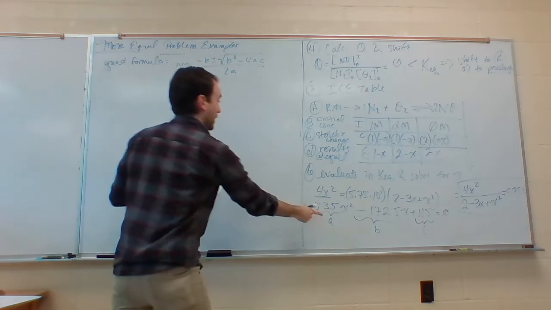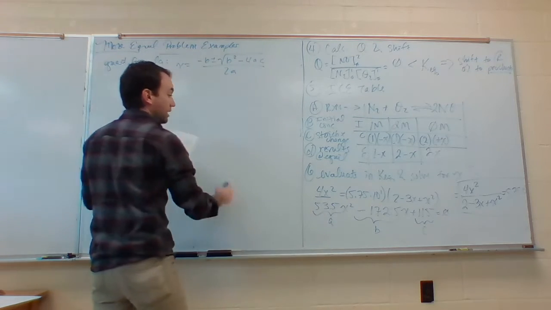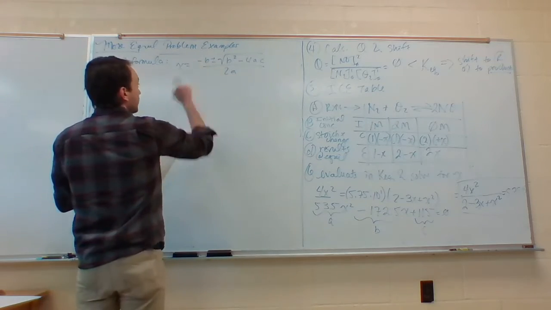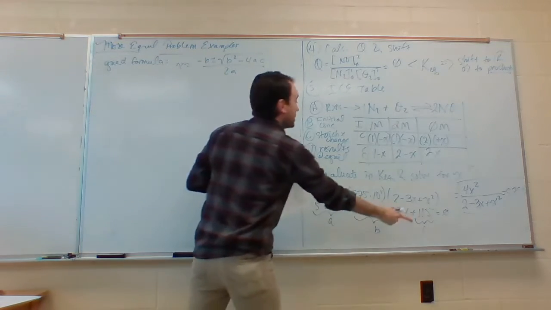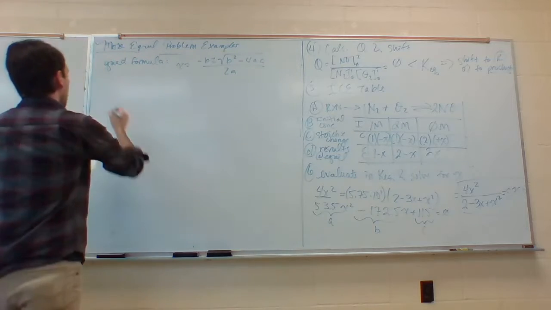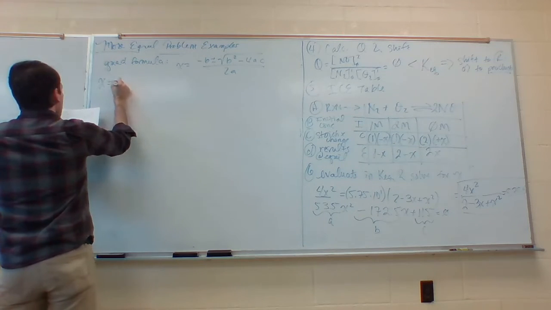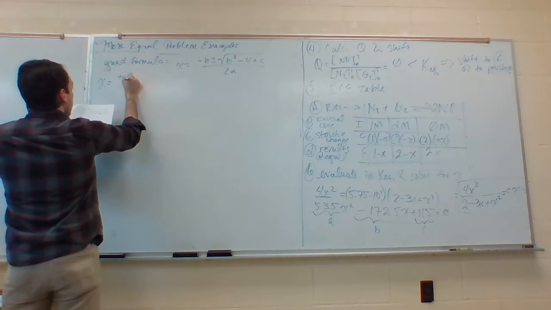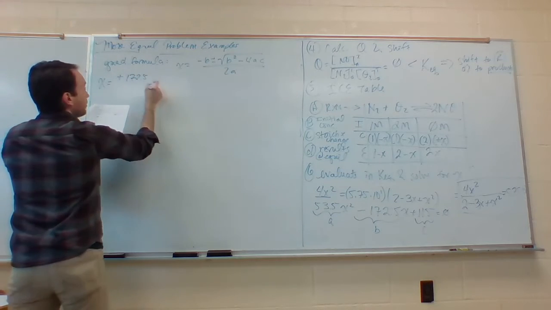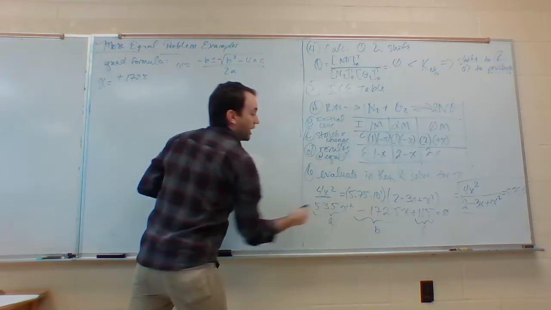So I'm literally going to plug in a wherever there's an a. I'm going to plug in b wherever there's a b. And I'm going to plug in c wherever there's a c. All right, so that means that my x is equal to a positive 172.5, right, because it's negative of the negative b.